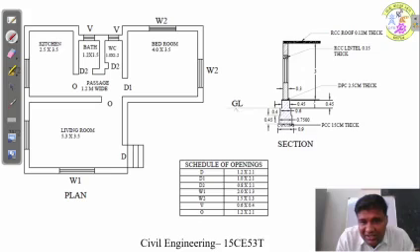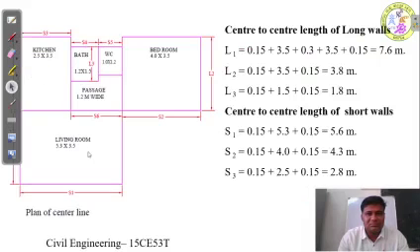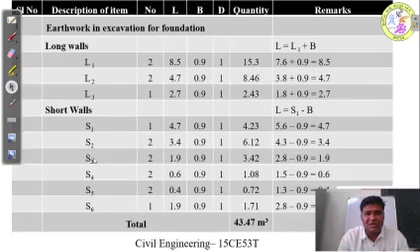This is the bottommost layer, and from here to here you need to calculate the depth, that is 0.45 plus 0.4, that is 0.85, plus 0.15 will give you 1 meter. So I am going to write the depth as 1 meter.